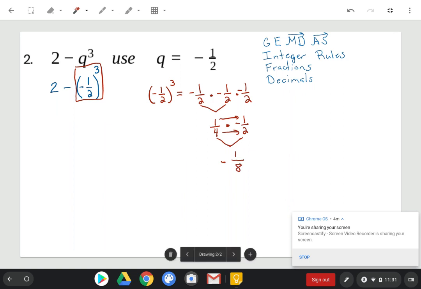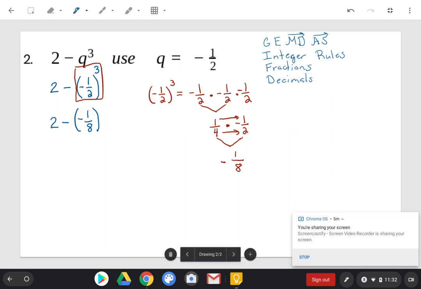So, going back to my original blue problem, I'm going to go ahead and rewrite the stuff on the outside of the box, 2 minus, but then we have figured out that negative 1/2 to the third power is equal to negative 1/8. So I am replacing the box with a negative 1/8, and I am putting parentheses around that negative 1/8 just to separate the subtraction sign and the negative sign.